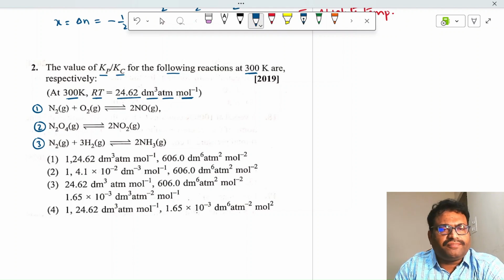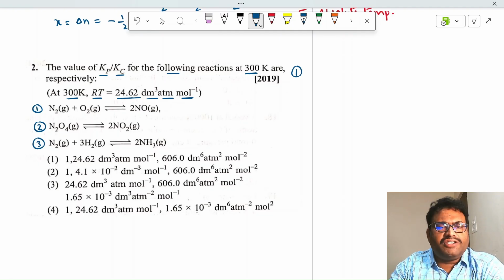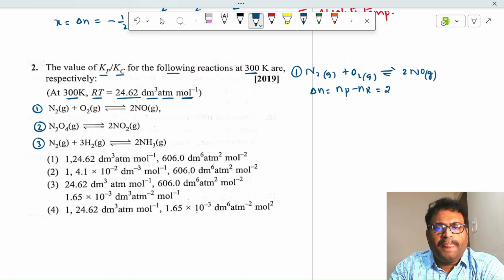Now let us see the first reaction. N2 gas plus O2 gas gives you 2NO gas. What will be delta N? Delta N is equal to Np minus Nr. All three are in gaseous form. Products, 2 moles, minus the moles of gaseous reactants, both nitrogen and oxygen are gaseous, 1 plus 1, so 2.